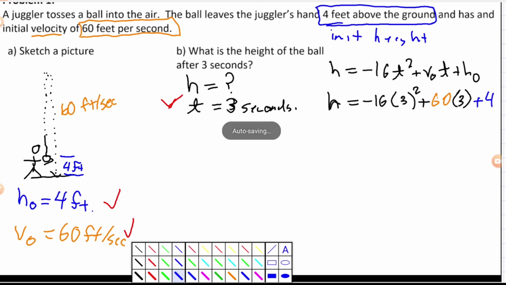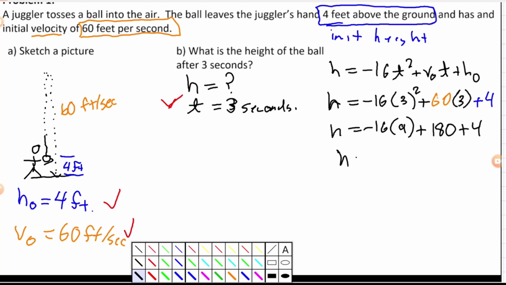So my height is equal to, well, let's work this out. This is just a basic evaluate expression, so please excuse my dear Aunt Sally, PEMDAS, order of operations. So -16 times 9, because 3 times 3 is 9, plus 60 times 3, that's 180, plus 4.